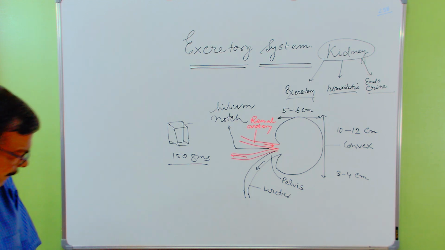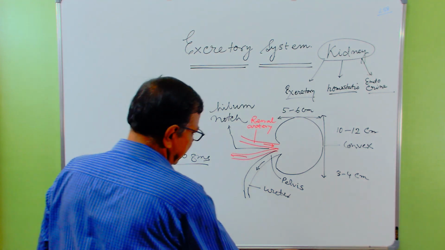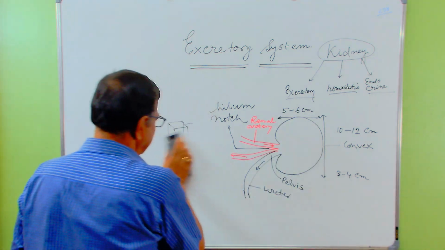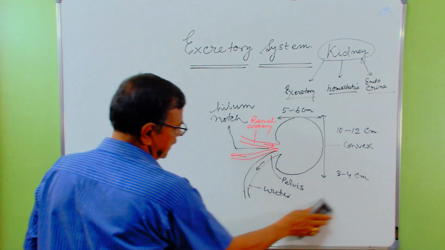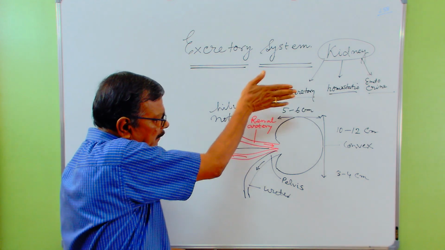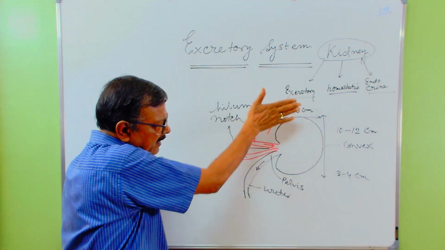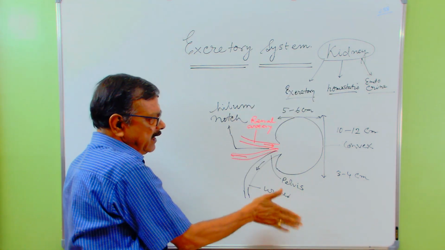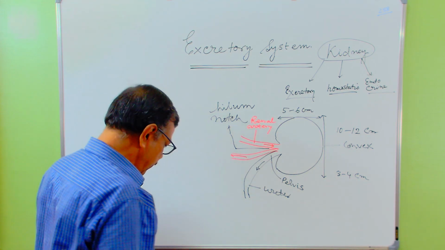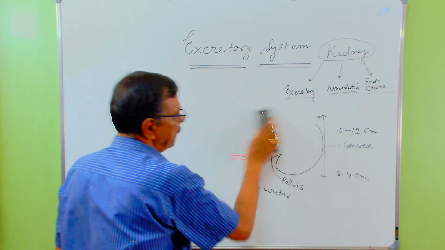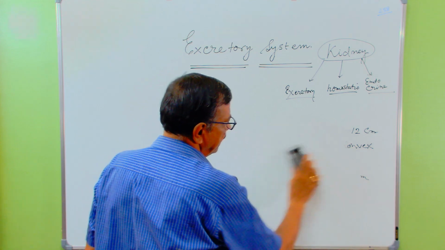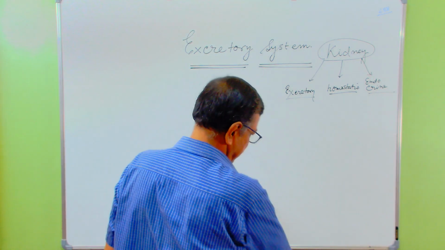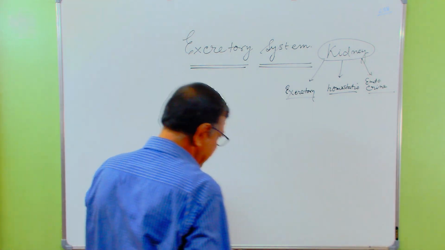Now if I cut the kidney, if I make a longitudinal section, LS, from this side, it will look like this. I am making it a bigger one.